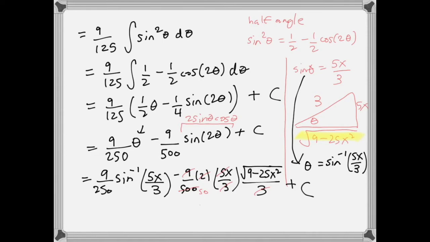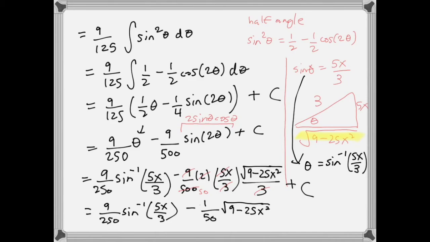And so our final answer, I'm going to write it in simplified form this time. I get 9 over 250 arcsine of 5x over 3, and then minus 1 over 50 times the square root of 9 minus 25x squared plus c. There is our answer.